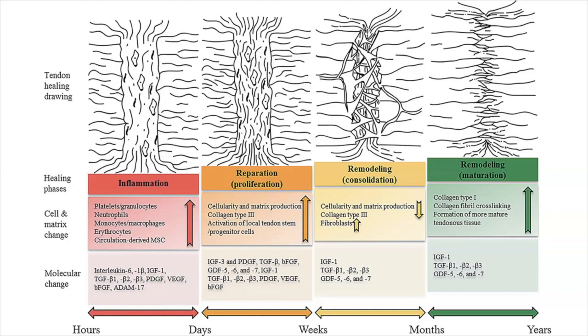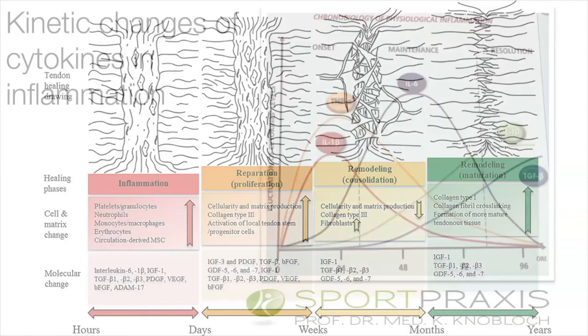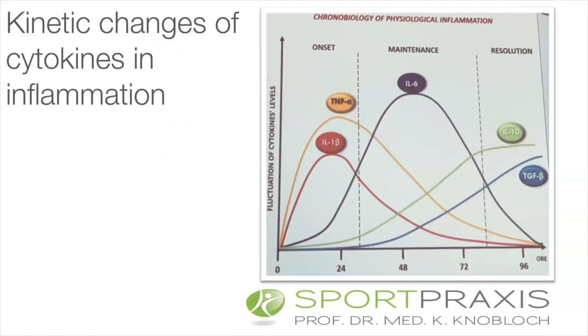And if you put it in a perspective of only 4 days, you see here that the early inflammation phase is mediated by a concert of different cytokines, not only one, in a strong area.